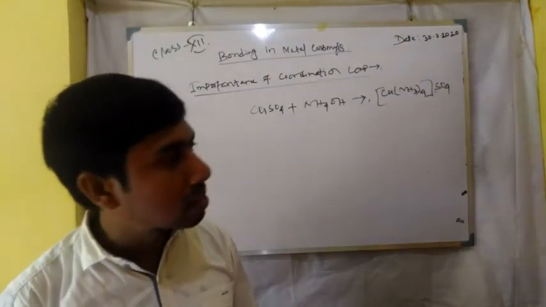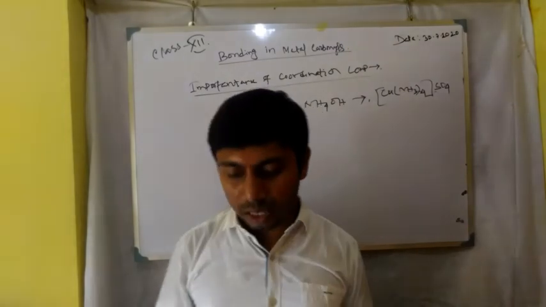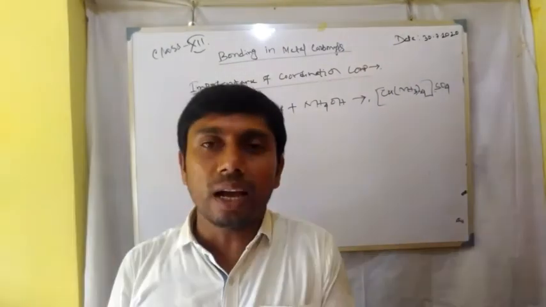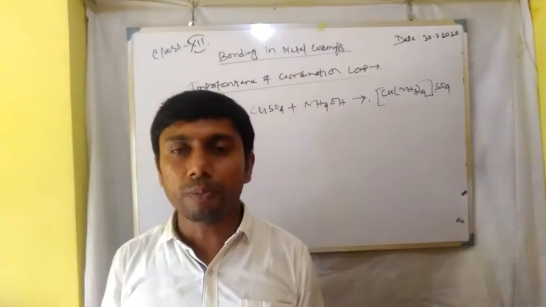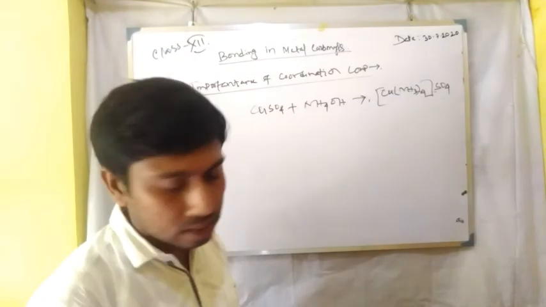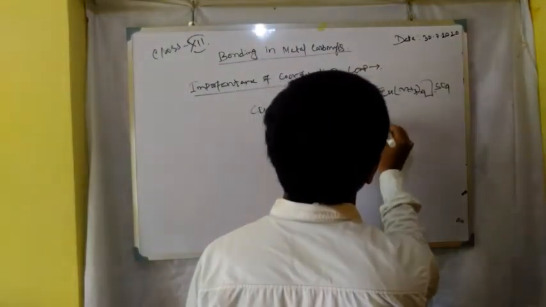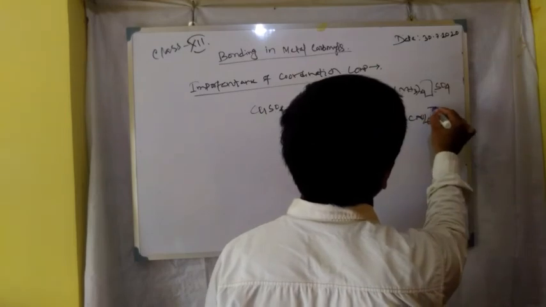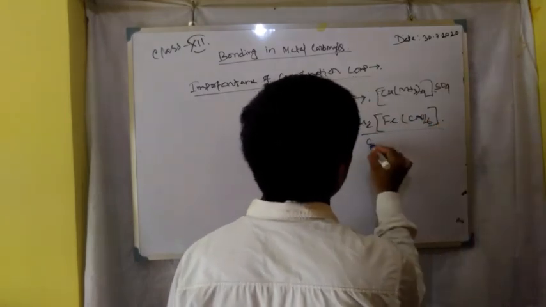Another example is ferrocyanide, that is K3[Fe(CN)6] or K4[Fe(CN)6], which also reacts with copper sulfate, forming a chocolate brown precipitate having the formula Cu2[Fe(CN)6]. It is also chocolate brown.